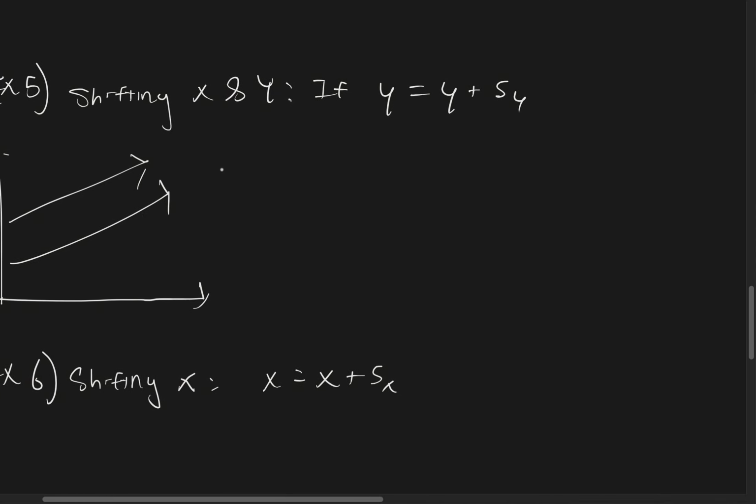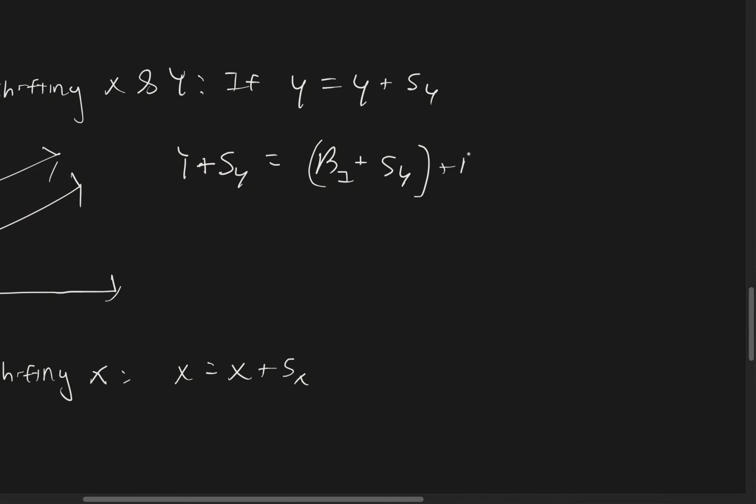So if we do that, then the equation will be given as y plus the shift equals, the beta 1 is impacted by the shift because it is the intercept, but the slope isn't, so we keep that constant.